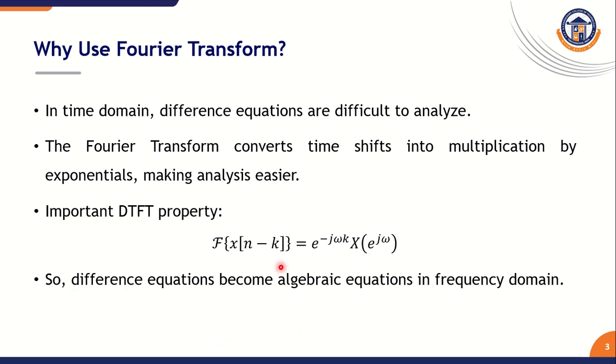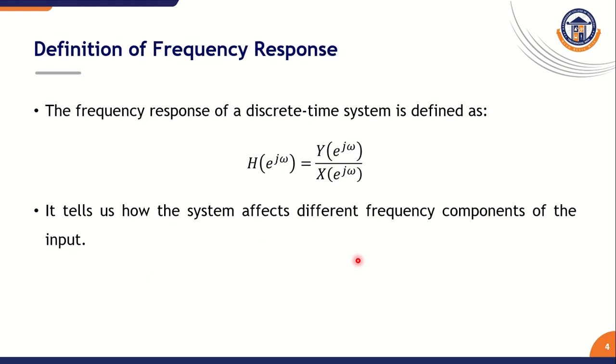So the difference equation becomes an algebraic equation in the frequency domain. The frequency response of a discrete time system tells us how the system modifies different frequency components of the input signal.